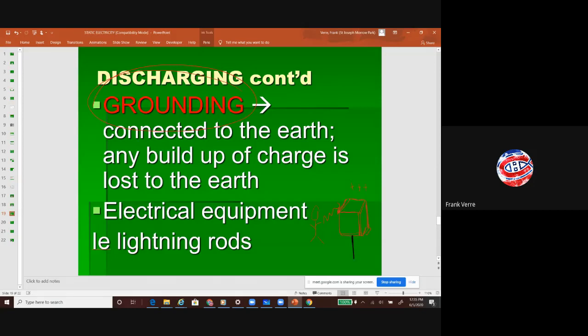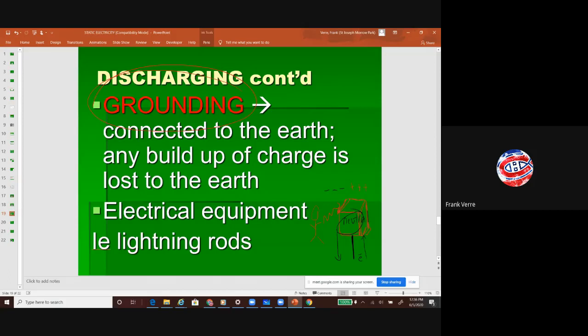So why is that important? Well, if the appliance picks up a charge, for example a positive charge, then electrons would come in from the earth to make it neutral again. Or if it was negatively charged, then the electrons would move into the earth to make it neutral again.